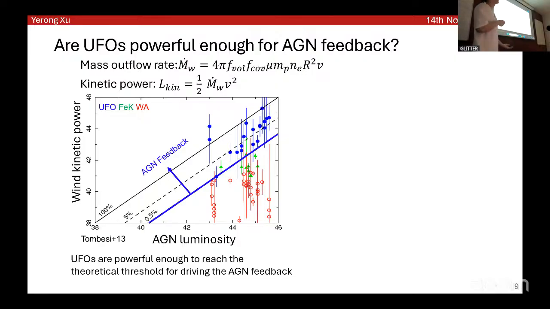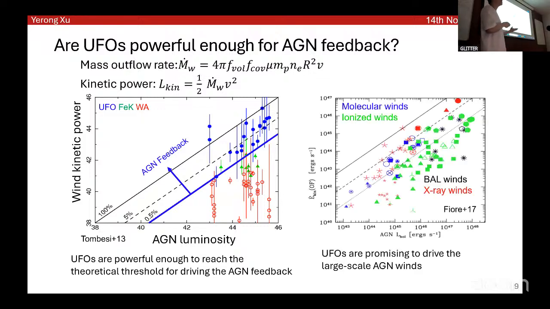And when we compare the UFO power with the outflows detected in other wavelengths, as the right plot shows, the UFOs are represented by these red points on the right.